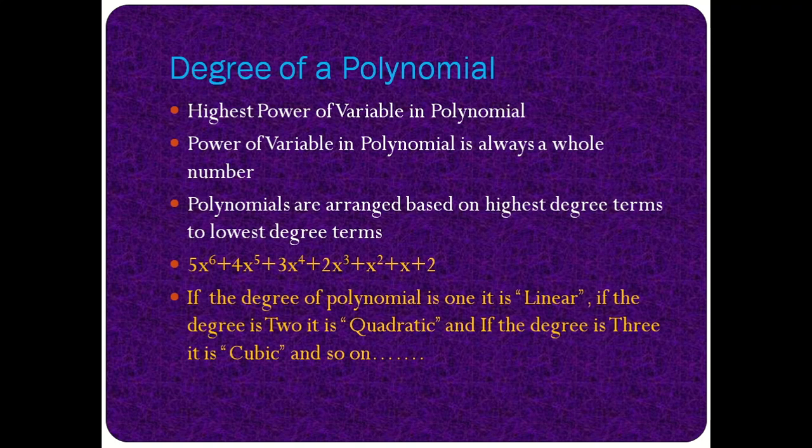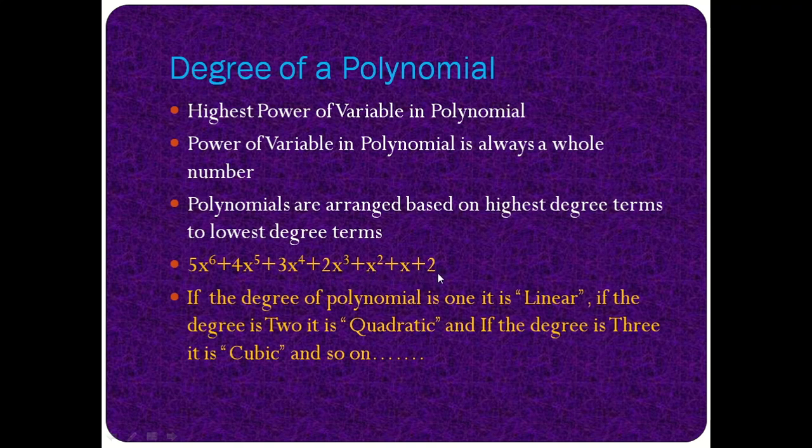A degree of a polynomial is the highest power of variable in that polynomial. So if you have a polynomial with a number of terms, you will have to identify that variable with the highest power, and that highest power is the degree of that polynomial. For example, we are taking 5x raised to 6 plus 4x raised to 5 plus 3x raised to 4 plus 2x cube plus x square plus x plus 2.